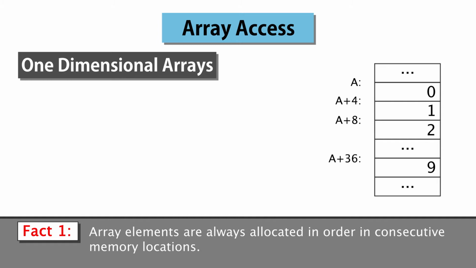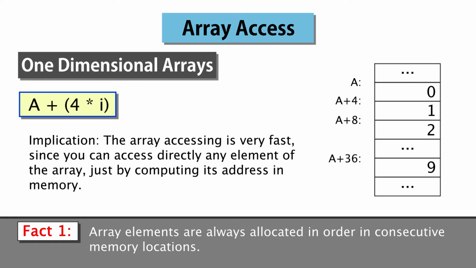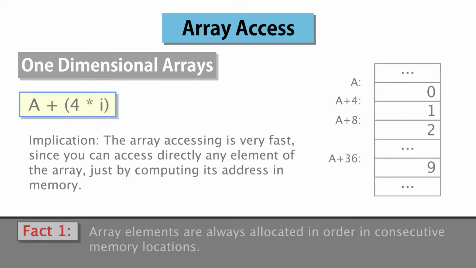It's easy then to see that the address of the ith element is A plus 4i. Of course, had this been an array of some element type other than int, we would have replaced the multiplier 4 by the size in bytes of the element type. The implication of all this is that array accessing is very fast, since you can access directly any element of the array just by computing its address in memory.